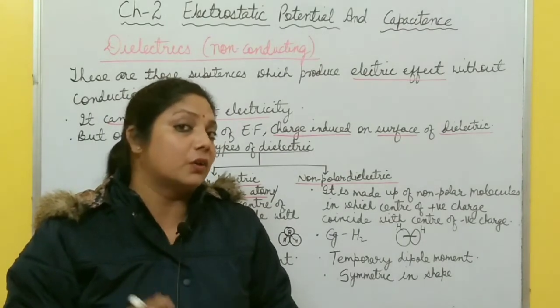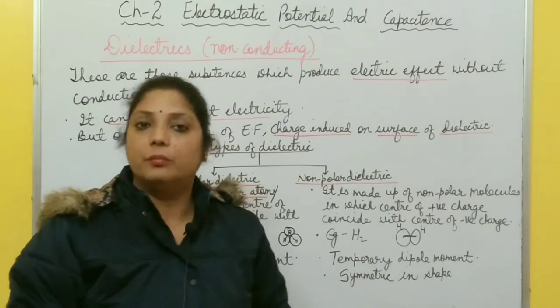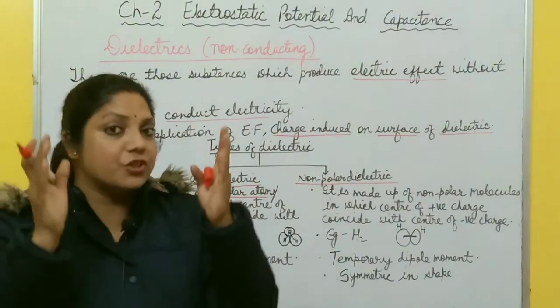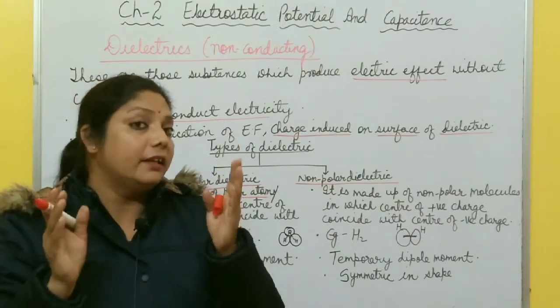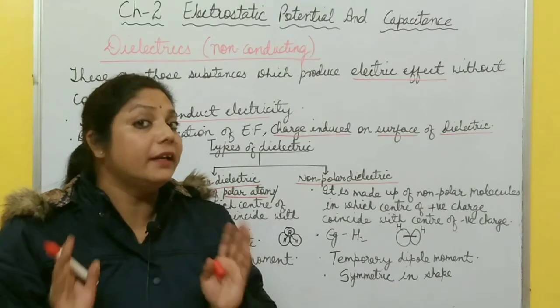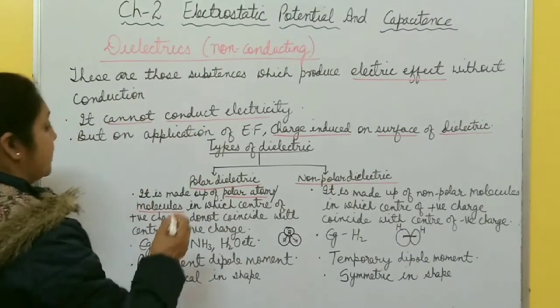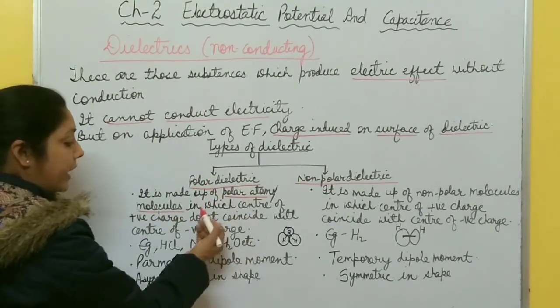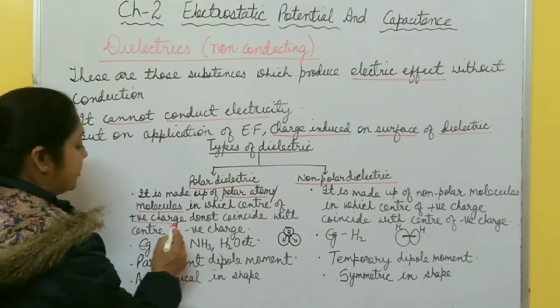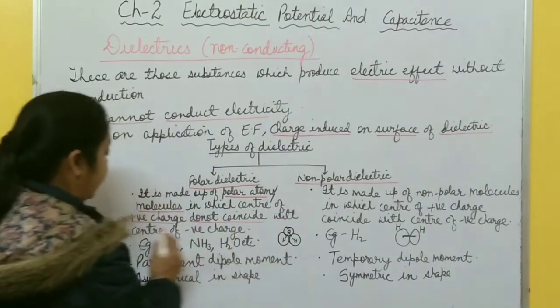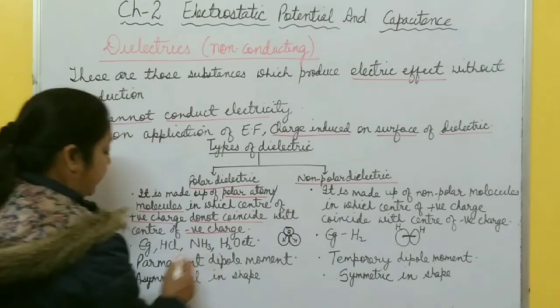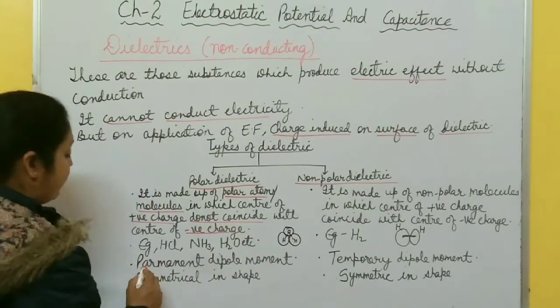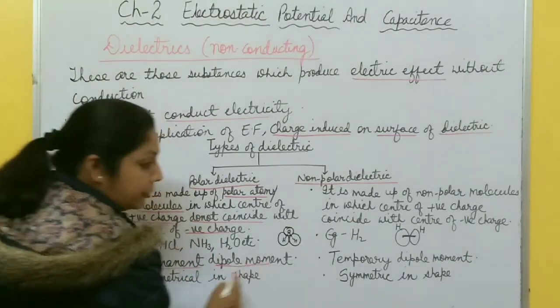Those atoms are called polar atoms or polar molecules. And if there is separation of charge, then it must have a permanent dipole moment, right? So polar dielectric is made up of polar atoms in which the center of positive charge does not coincide with the center of negative charge, right? It means it has a permanent dipole moment.